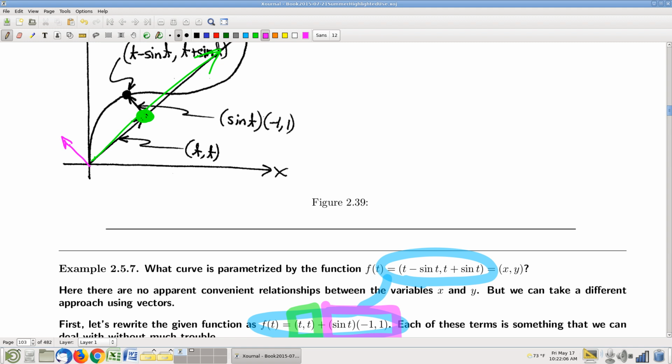And as time passes, I'm not going to be looking exactly at negative 1 comma 1. I'm going to be looking at sine t times negative 1, 1. So what does sine t do? Well, it starts off small. I'm going to start off with a small multiple of that vector. Then sine t increases. I will get up to a full 1 times that negative 1, 1. And then as time continues to pass, this scalar gets smaller.